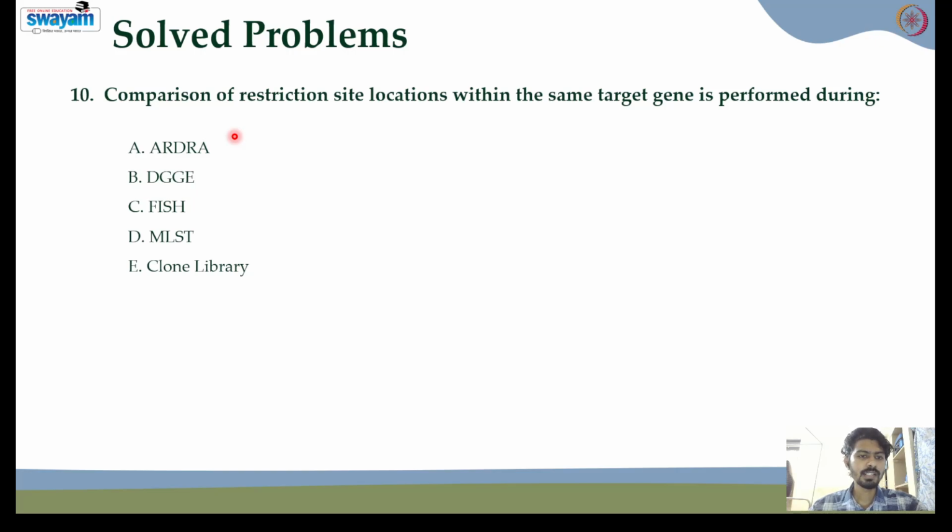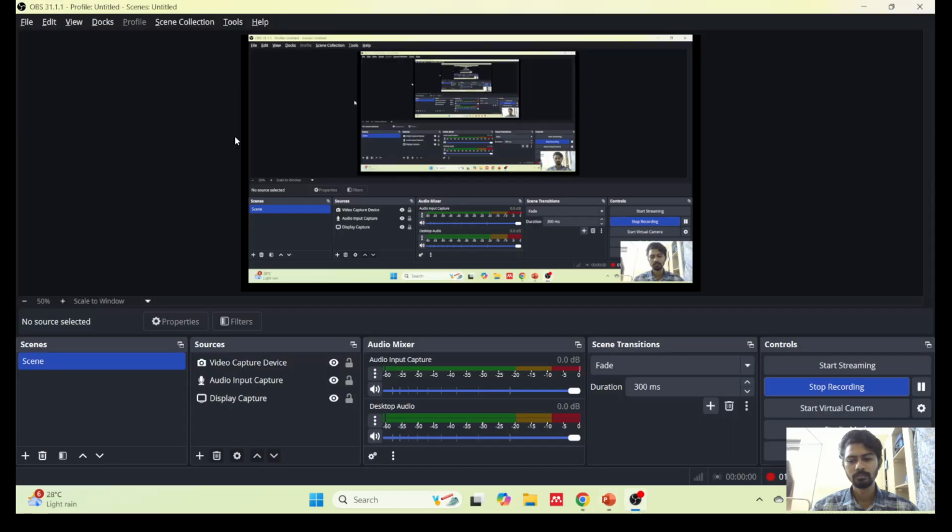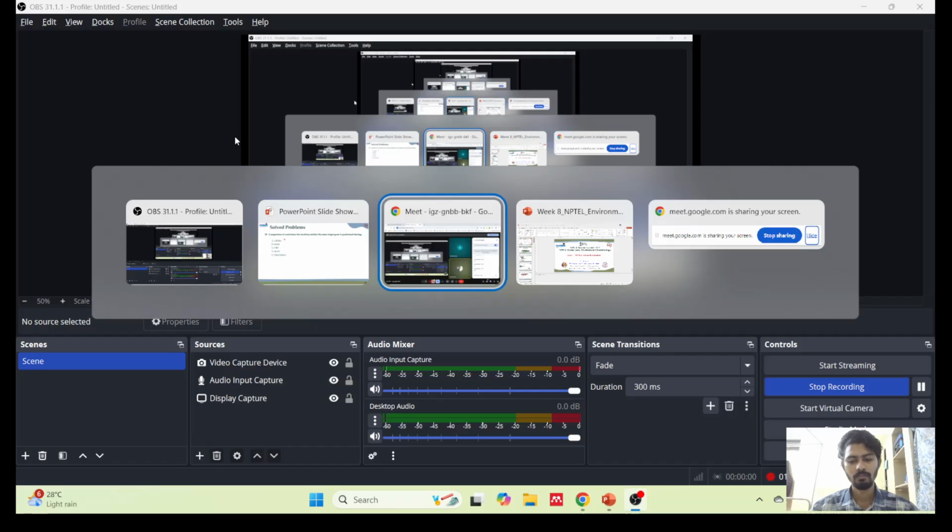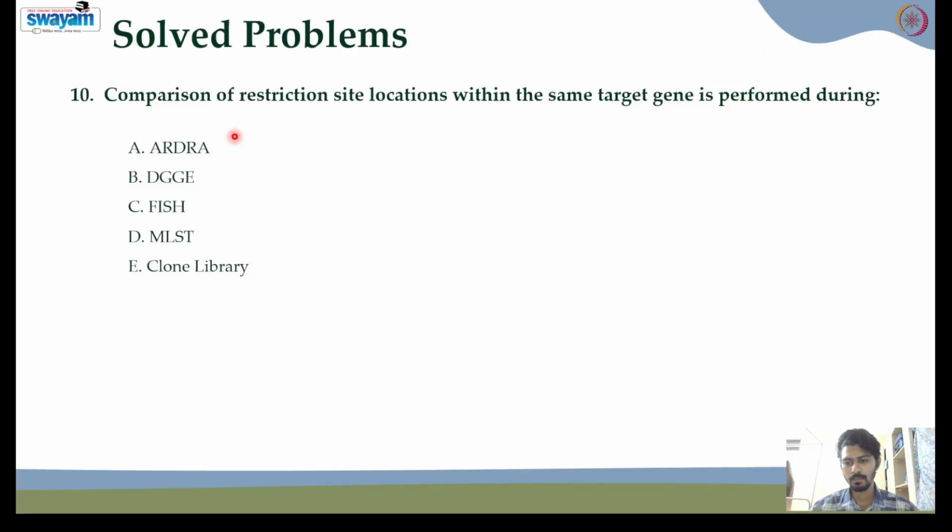So I will repeat the question. Comparison of restriction site location within the same target gene is performed using. You can type your answer now. You can take your time. This also we have studied in today's lecture.